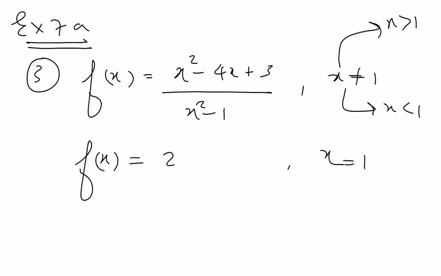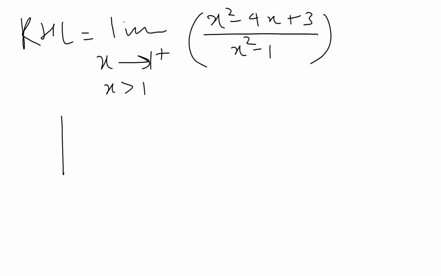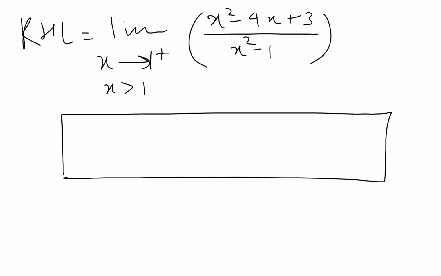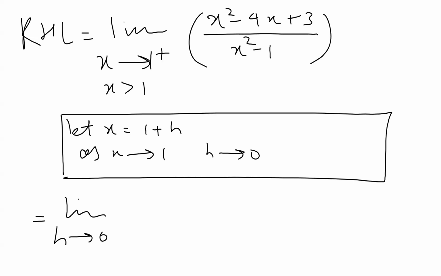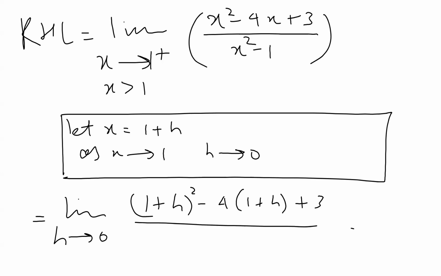So let x be equal to 1 plus h. As x becomes 1, h becomes 0. So limit h approaching 0 of ((1 plus h) the whole square minus 4 into (1 plus h) plus 3) upon ((1 plus h) the whole square minus 1).